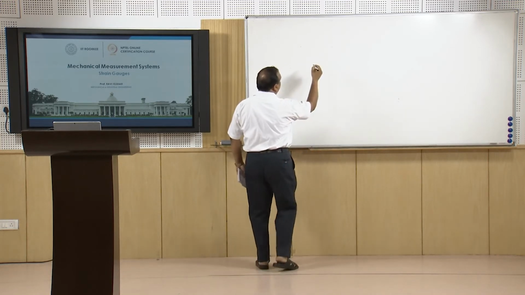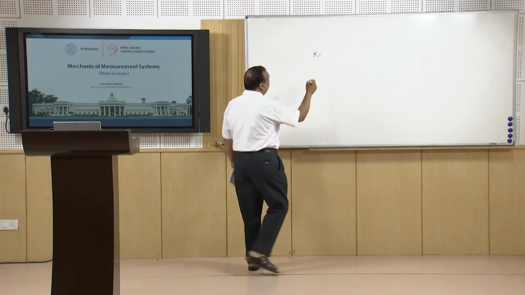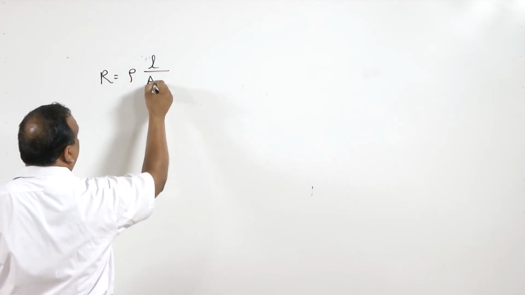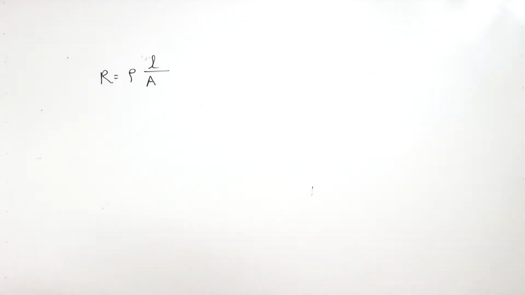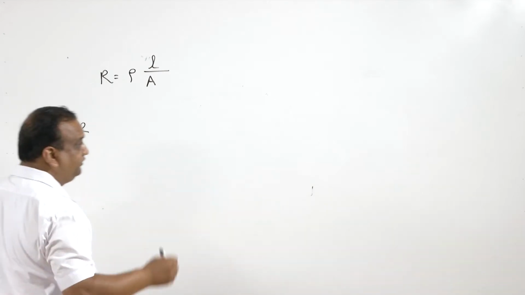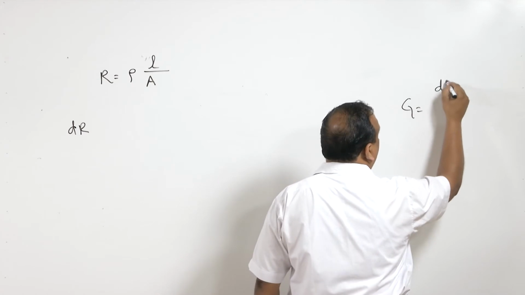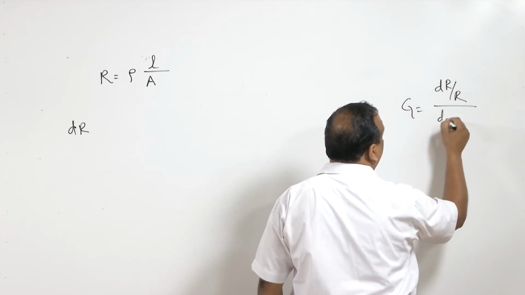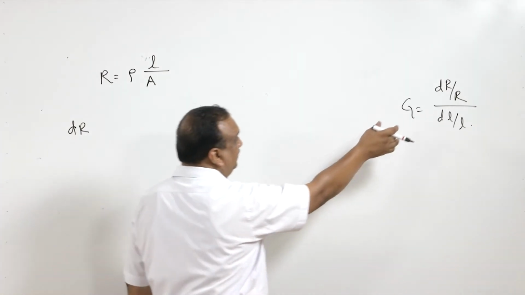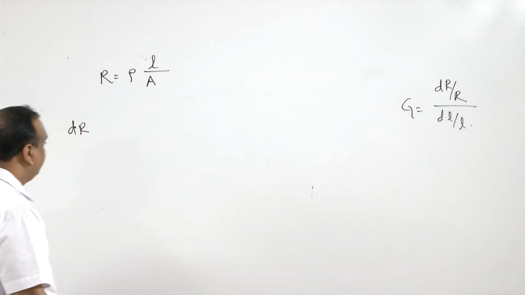As we know, the resistance of any wire R is equal to specific resistance multiplied by the length of the wire and divided by area, right? Now, if you want dR, because as I said earlier, gauge factor is dR by R divided by dL by L, the ratio of fractional change in resistance and fractional change in length, or strain in the substance.